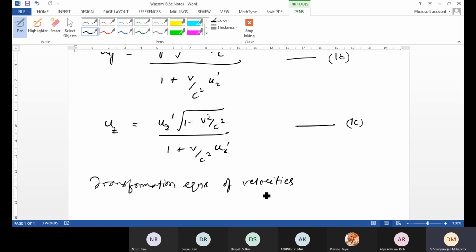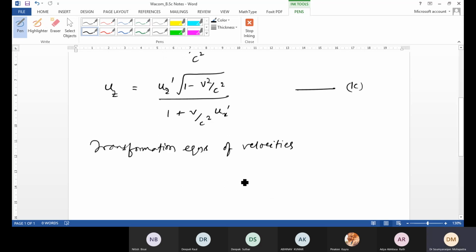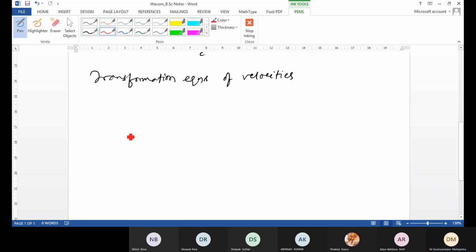Similarly, now we will see relativistic mass, momentum, and energy. So the next topic is relativistic mass. What do you mean by relativistic mass? We usually use this concept in nuclear physics, particle physics, astrophysics, the special theory of relativity and the general theory of relativity.